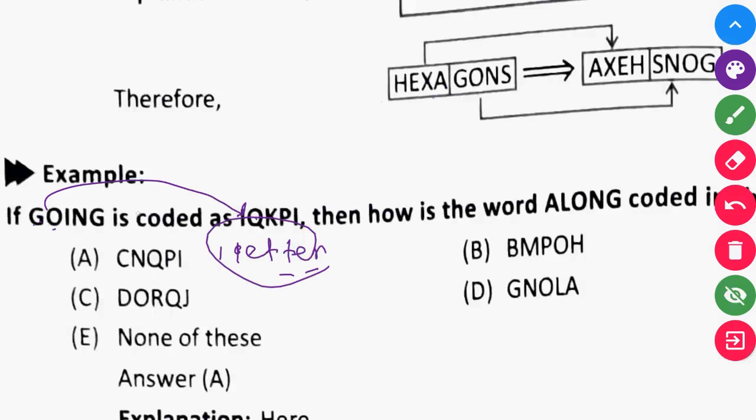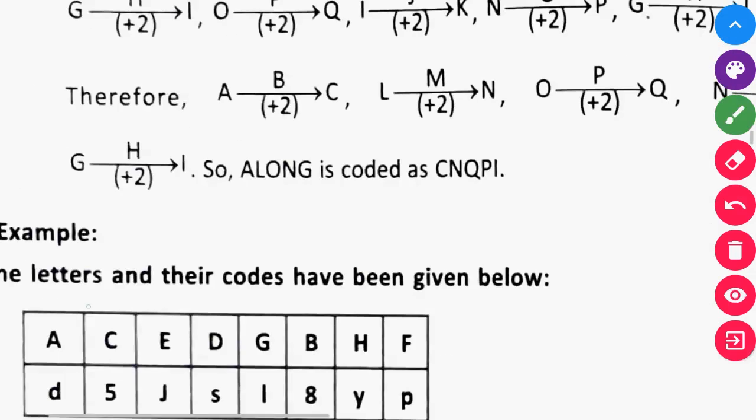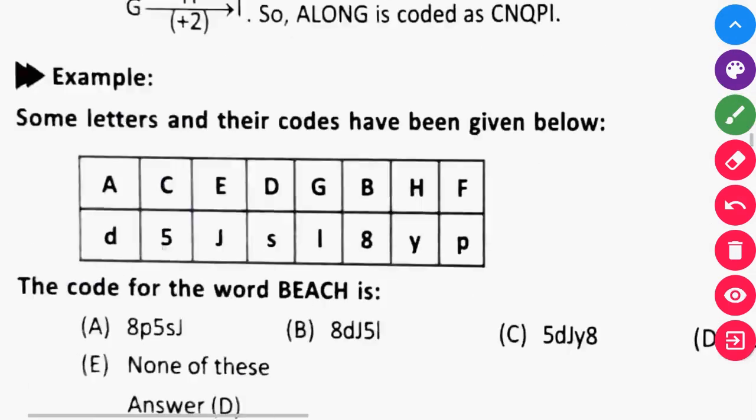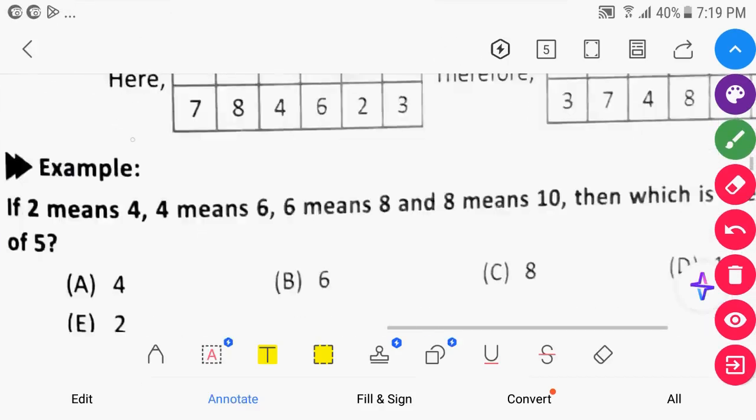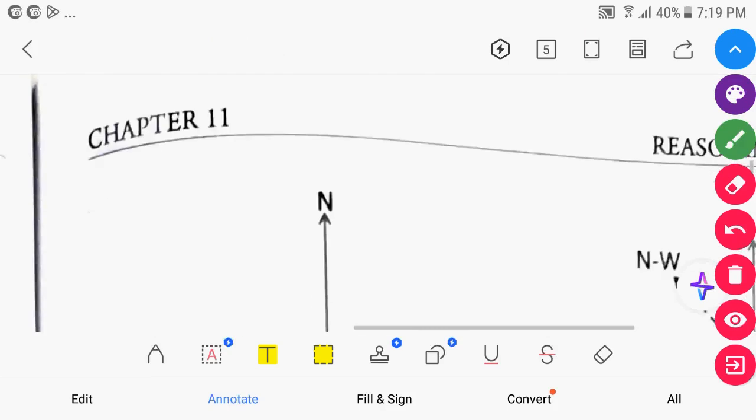Again after O, P is skipped and Q is there. So for A, after A, B is skipped, C will be there; after L, M will be skipped and N will be there. After O, P will be skipped and Q will be there. After N, O will be skipped and P will be there, and after G, H will be skipped and I will be there. So your answer is answer A. So here again you have to identify the sequence. Okay. Now these are some solved problems which are based on coding and decoding.